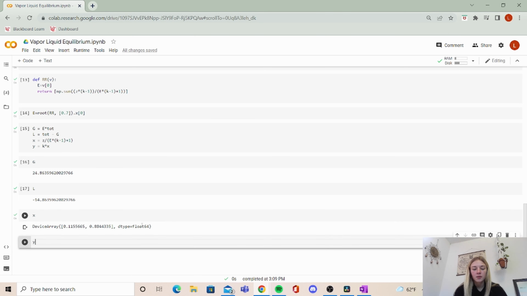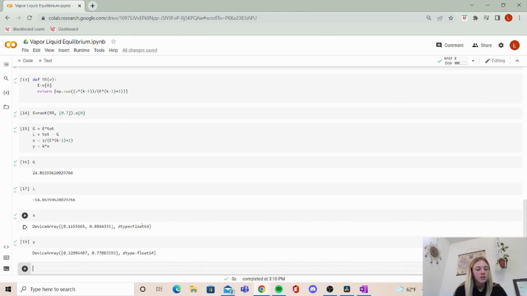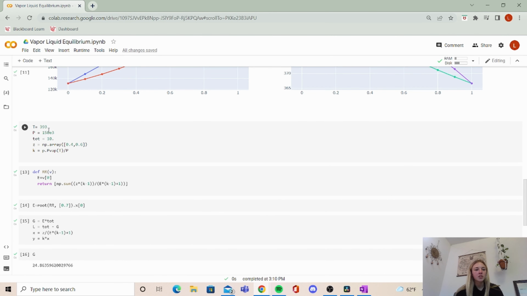And we have Y, which is the mole fraction of the components in the vapor phase. So you can see here we have L is negative, which is impossible for a flow rate. So that means that there's likely no liquid inside of our flash drum at all, and it's completely vapor at this specified temperature and pressure.